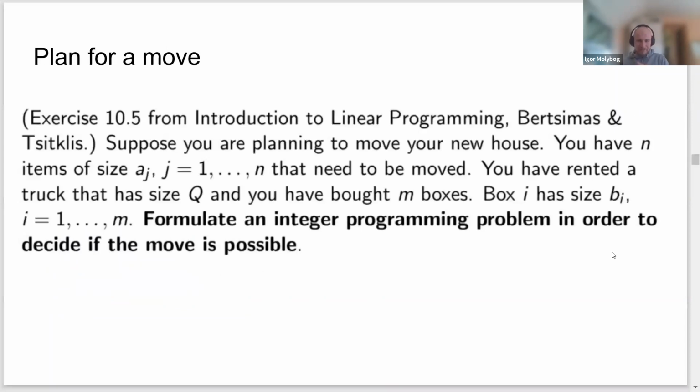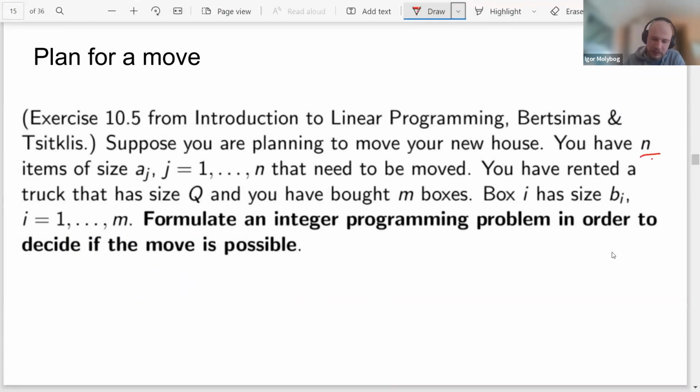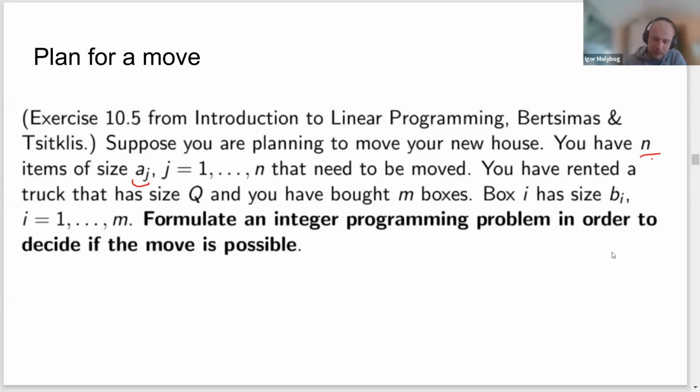Cool. Let's switch to the next question. It's the planning for a move. Suppose that you are planning to move into a new house. You have n items of size a_j, and you need to figure out how to pack those items into boxes. You have rented a truck of size Q, and you have bought m boxes.